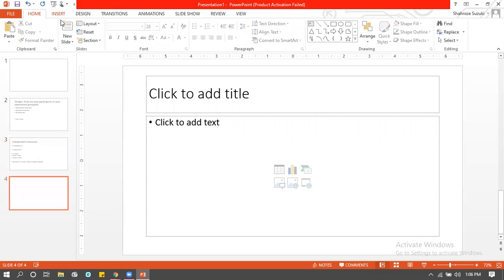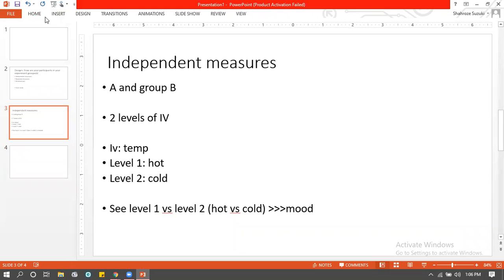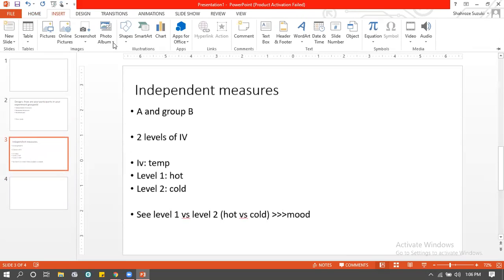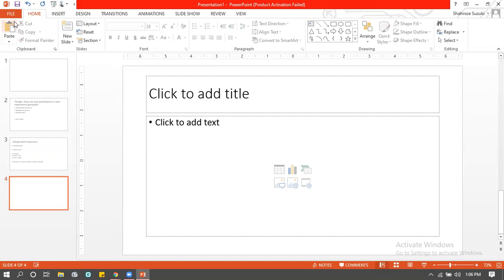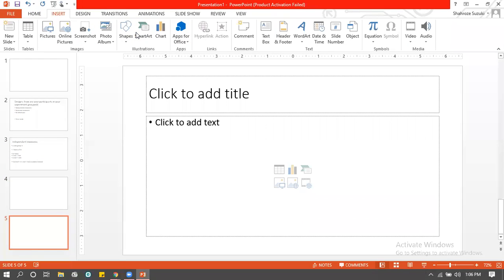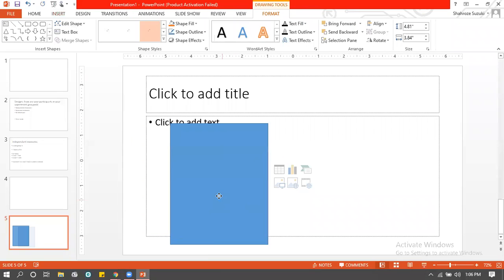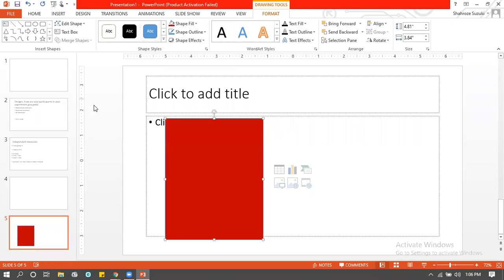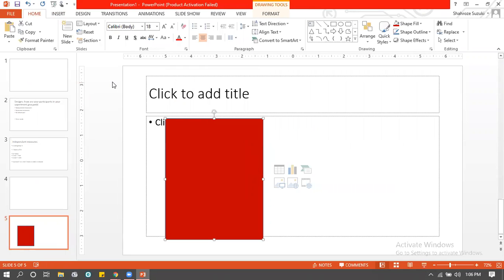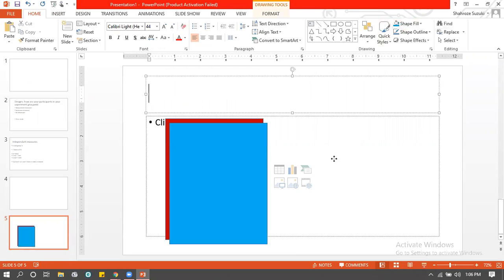Let's suppose we do an experiment. Hot would be group A and cold would be group B. Hot and cold.